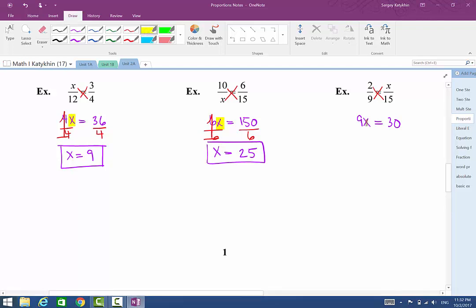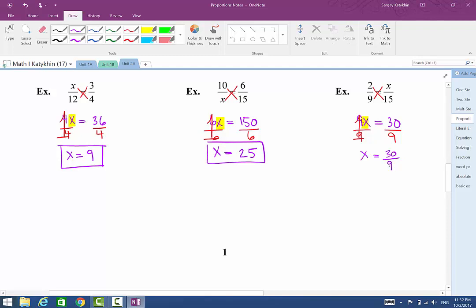Now to get x by itself, since 9 times x is being multiplied, to undo multiplication we divide by 9 on both sides. 9 divided by 9 will be 1. So what we get is x is equal to 30 divided by 9.